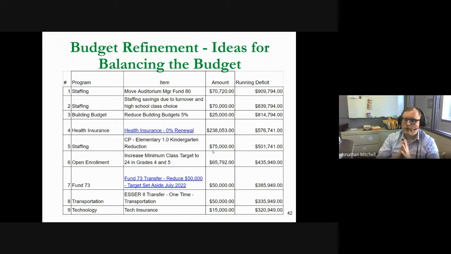So some of those ideas that we've had conversations about, we have a full-time auditorium manager that supports the school district, and we currently pay for that through operational dollars.